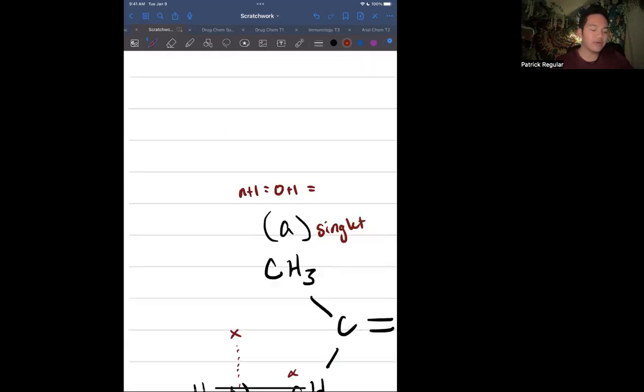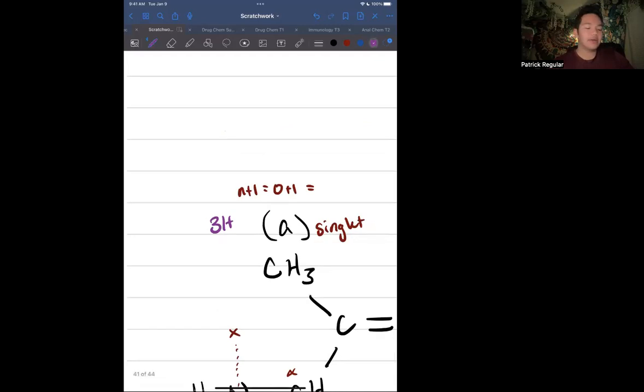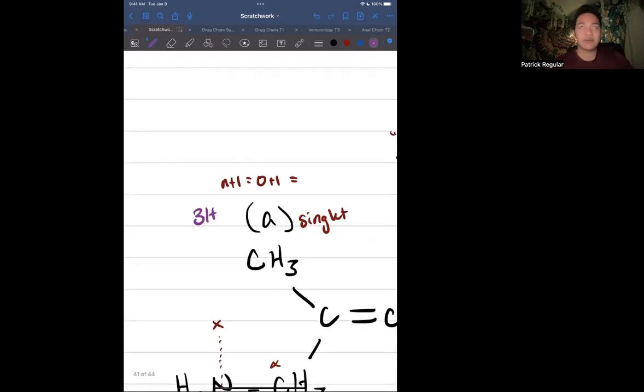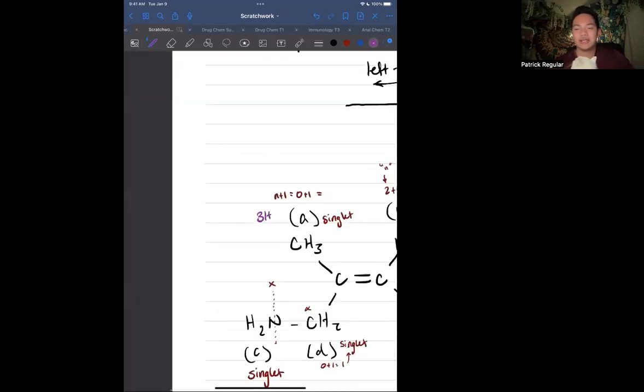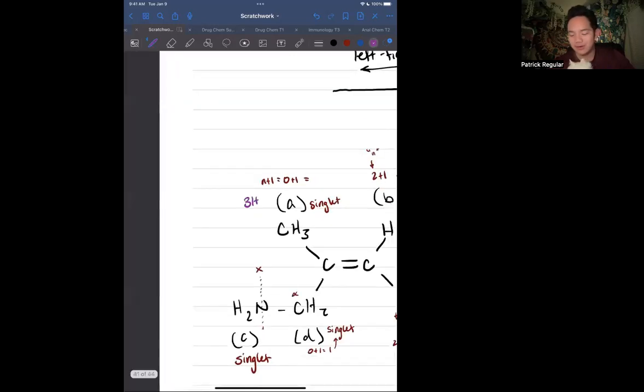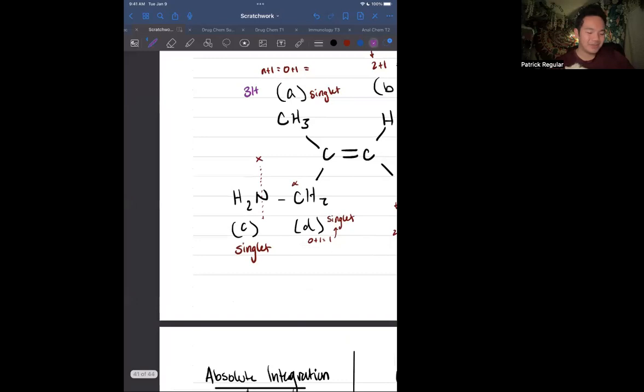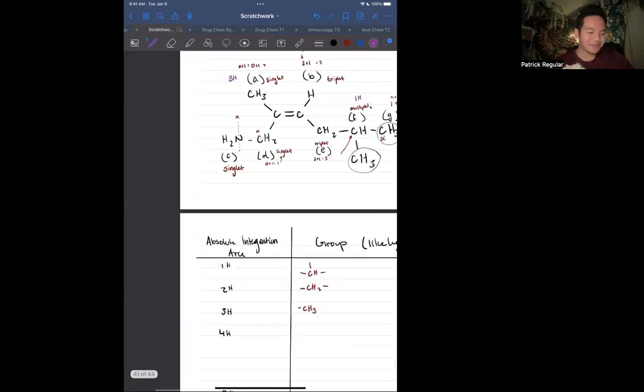This methyl group would be a 3H singlet. If it's a 3H singlet, then what can I tell? A 3H singlet means it has three hydrogens and its adjacent carbons have zero hydrogens. That kind of gives me a clue on the location.